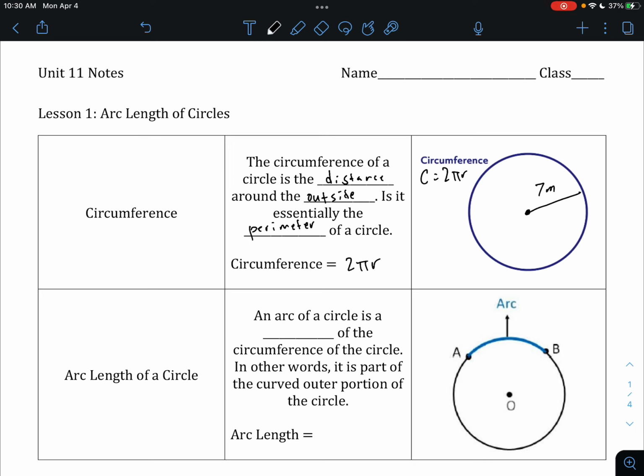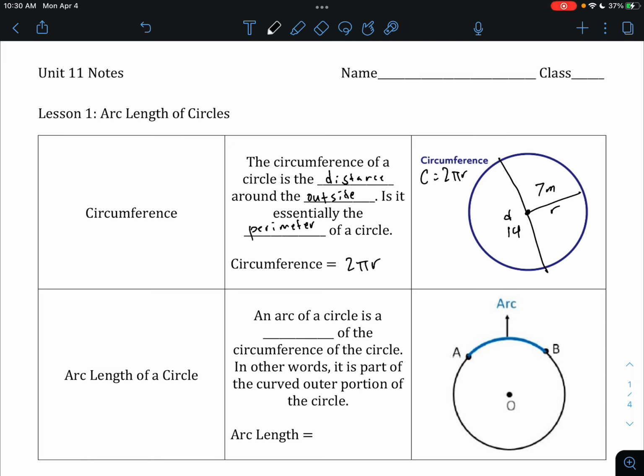Now, something else that you need to know is that the diameter of a circle is twice the radius. The diameter is always 2 times the radius. So this is our radius here. This entire side is our diameter, and the diameter is always twice the length of the radius. So the diameter is 14 if our radius is 7. But we don't want our diameter, we just want our radius.